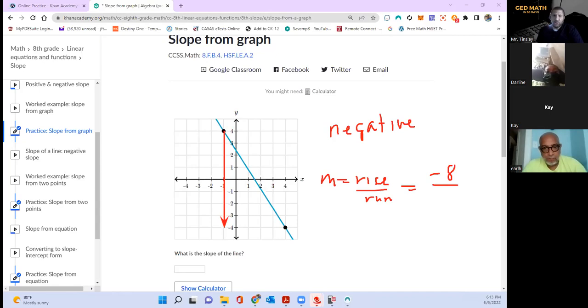Now we have to do our run: 1, 2, 3, 4, 5. So in this case, my slope is -8/5. I would go down here to my answer box and put -8/5.